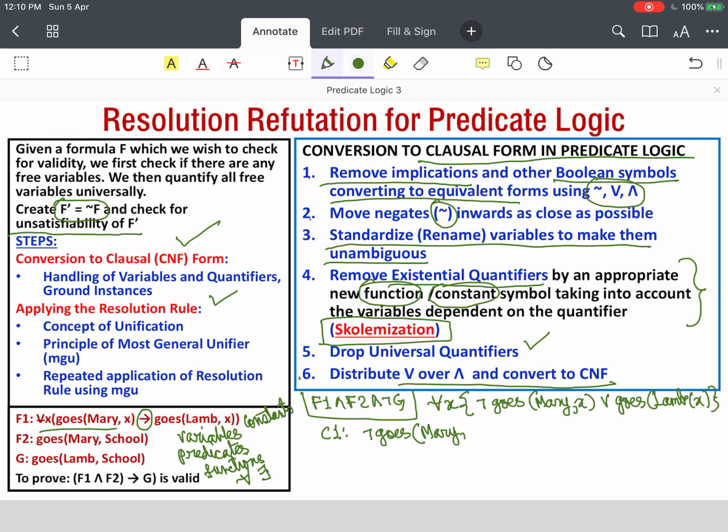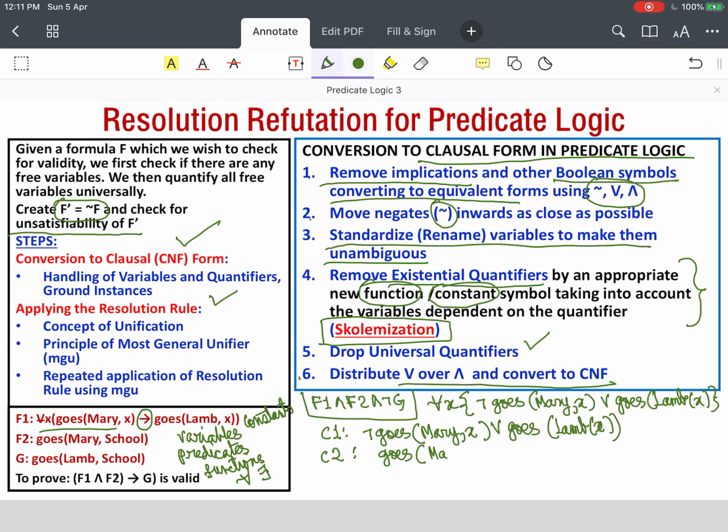our first clause, which is not goes Mary x or goes lamb x. This is or, so it is the first clause.